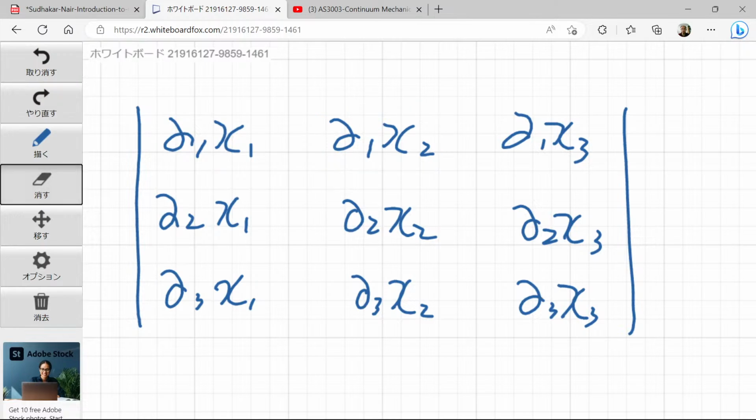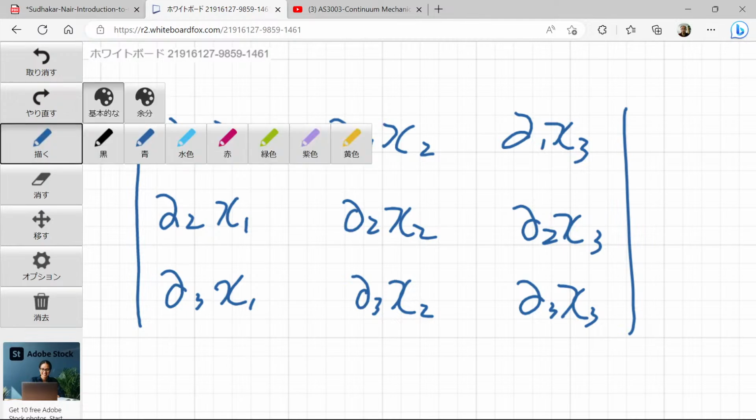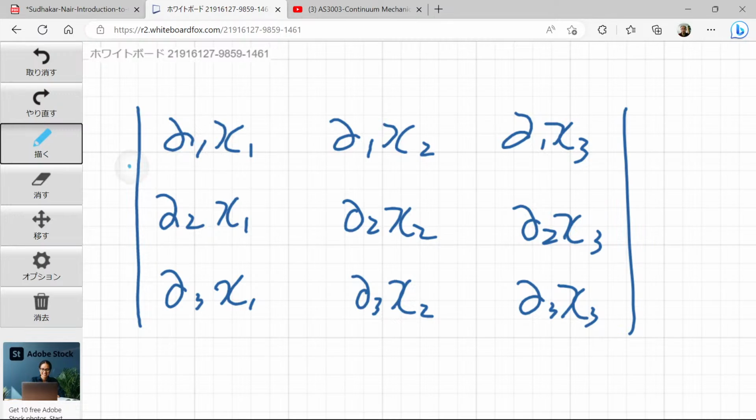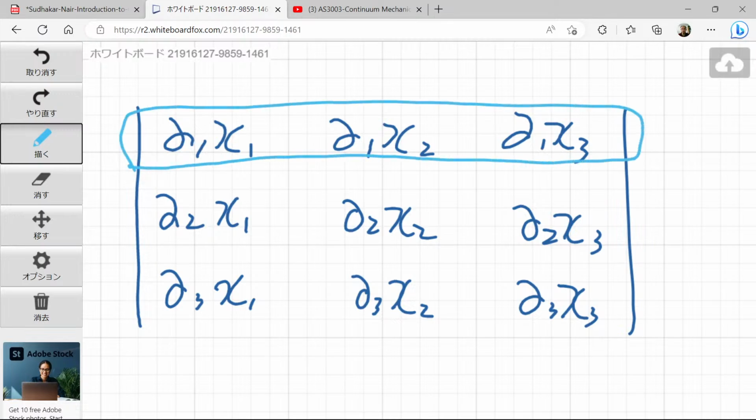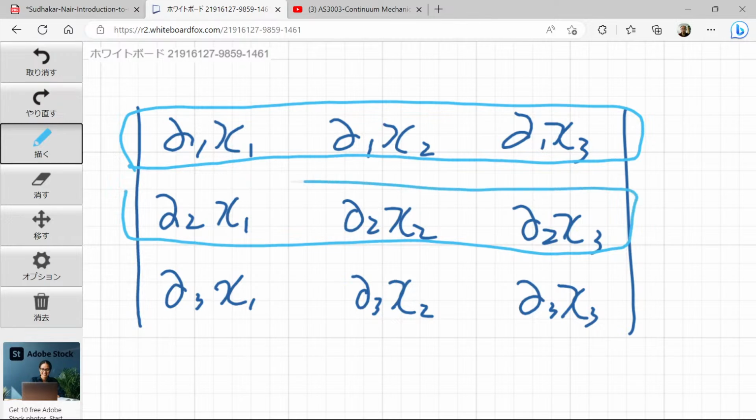We choose beta equal 1, then gamma equal 2. See, we are ending up choosing 2 rows.